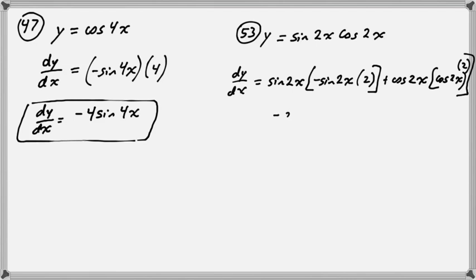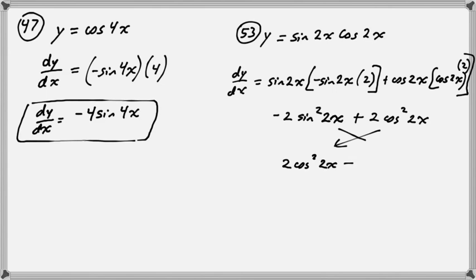So this is a negative 2 sine squared 2x, because you have sine times sine, plus 2 cosine squared 2x. It's probably better to put the positive one first, and then minus, because it's negative, 2 sine squared.